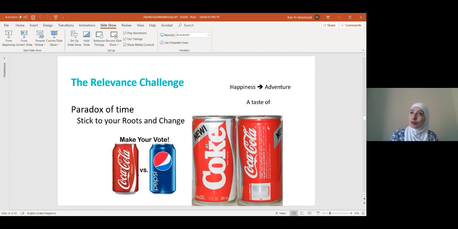When they tried to come up with new formulas, they had to go back to keep the classic in the market and gradually make a move into new relevant offers to the consumers, not losing the heritage and the tradition. So from happiness to adventure, a taste of what you are looking for and what you are eager to have as a consumer.